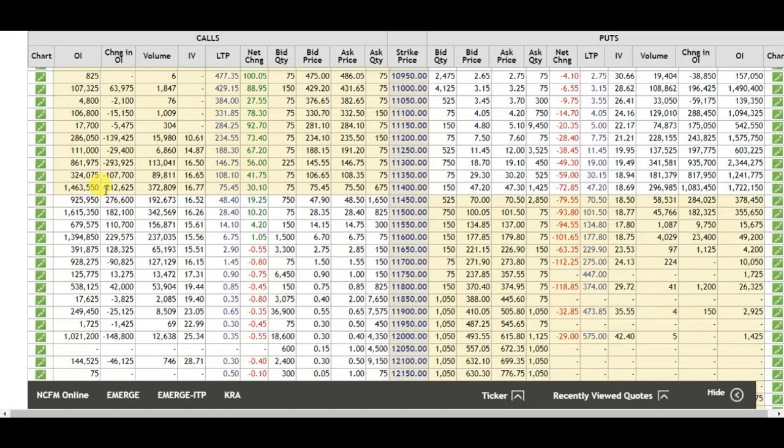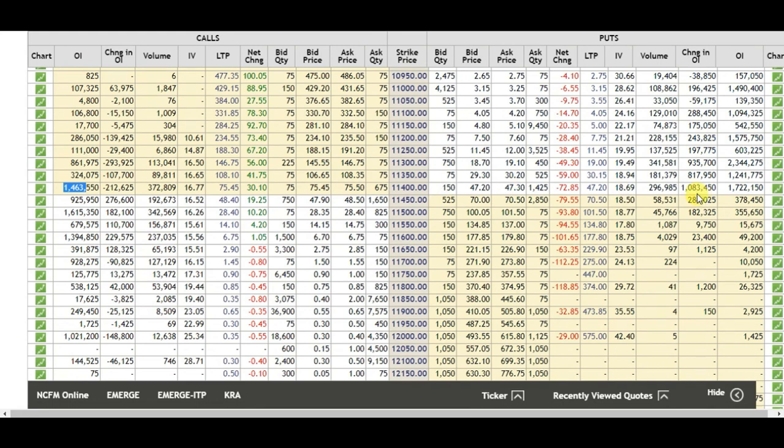That's why the net change is plus 30 and the change in open interest is minus 2.1 lakh contracts. But still the cumulative open interest is almost 14 lakh contracts.